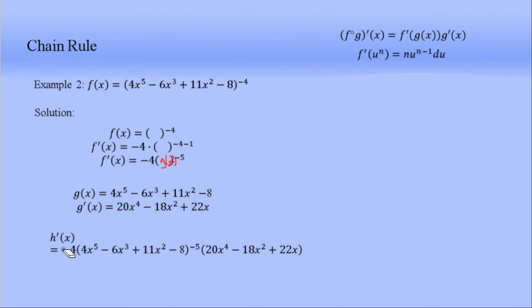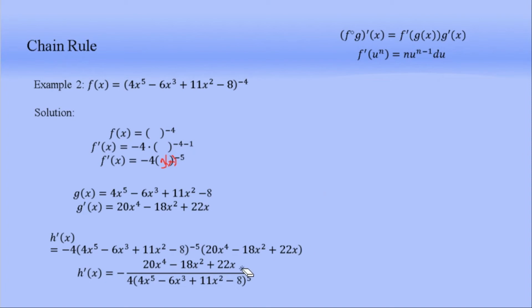Now we're just going to input everything in the formula. So the derivative of h of x is equal to negative 4 times g of x raised to the negative fifth power times the derivative of g of x.